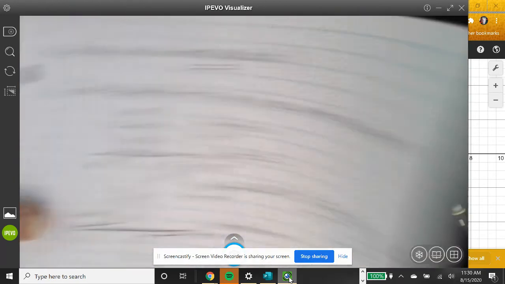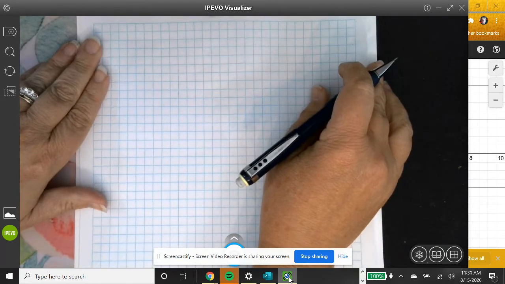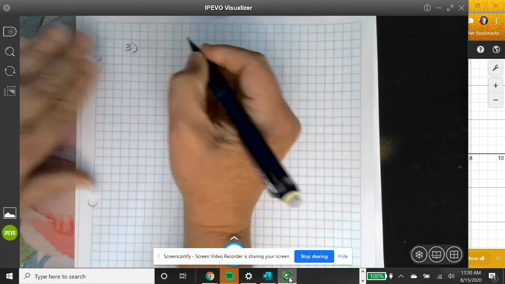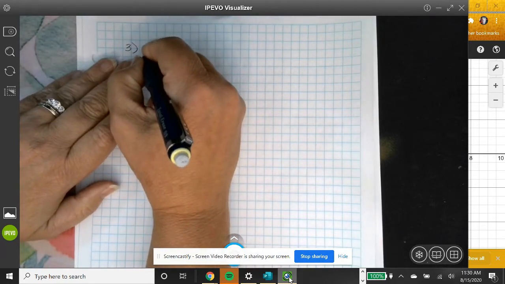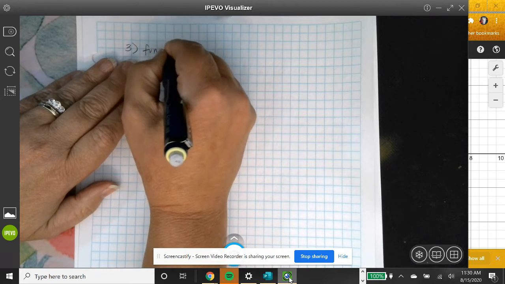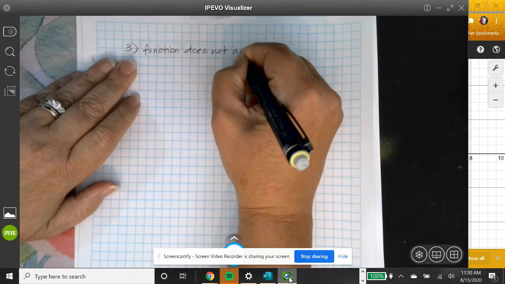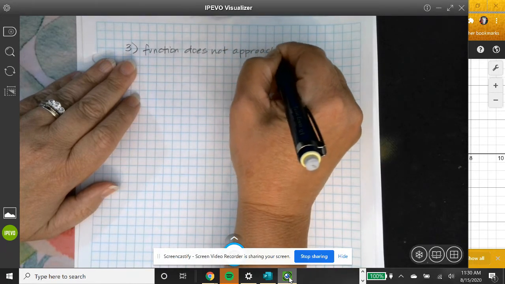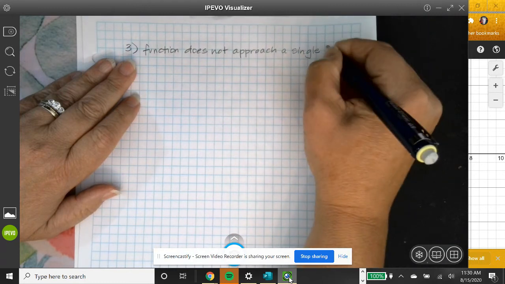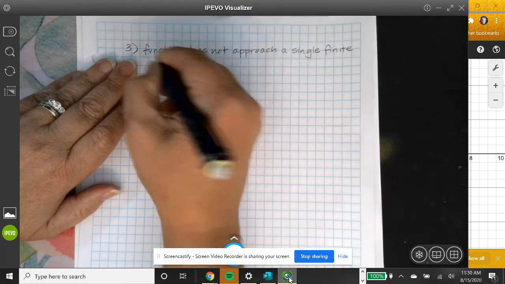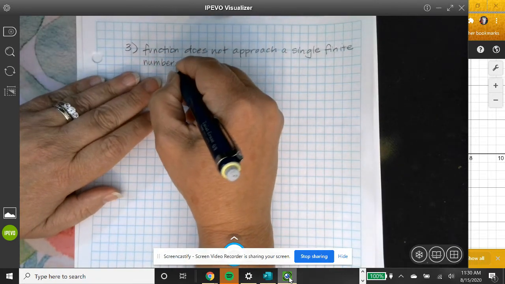All right. Here's another case. I'm going to have, I think, 3 bullet points here. All right, so number 3, a reason for a limit to not exist: a function does not approach a single finite number, for example.